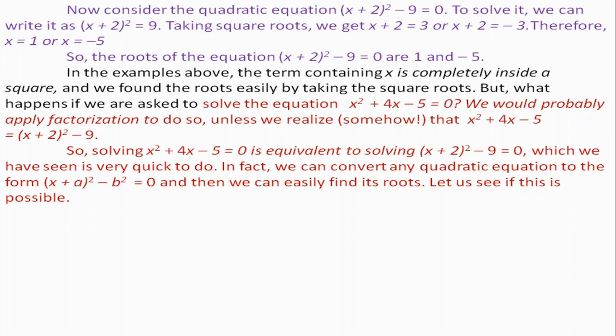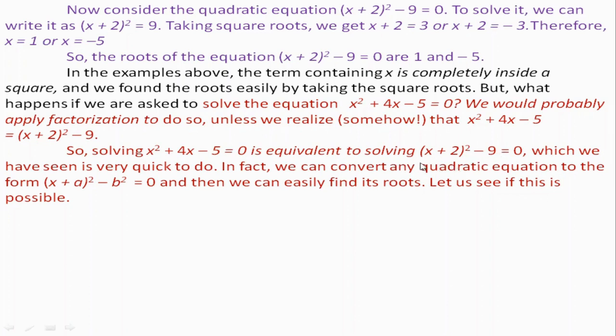How does it happen? See what will happen. For x square plus 4x, to make a complete square, we add plus 4 here and subtract 4 here. So this term becomes x plus 2 whole square, and minus 5 and minus 4 become minus 9.